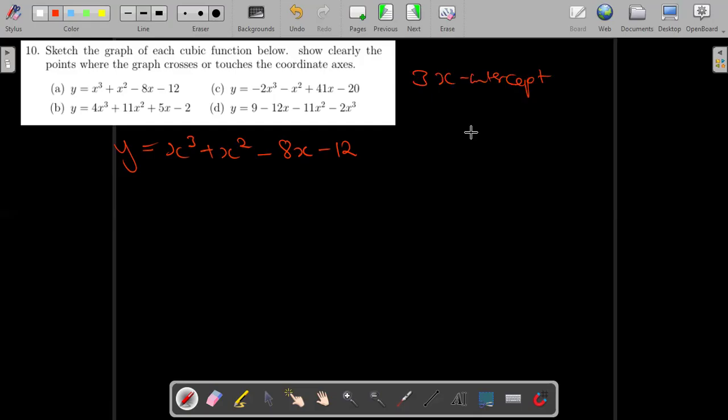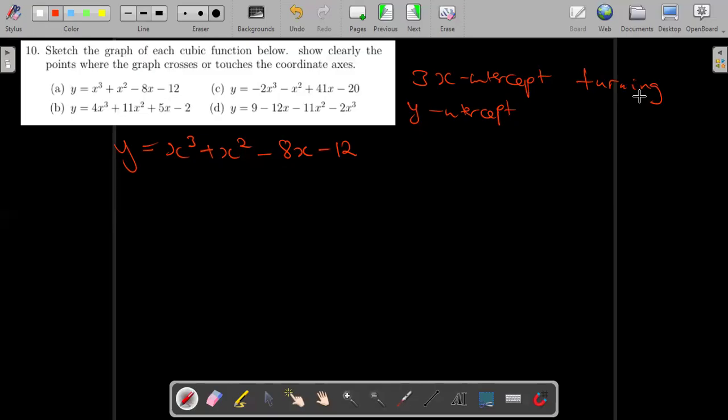Sometimes you can only have 2. So you have the x-intercepts and you have a y-intercept, which is the point where the graph cuts the y-axis. Then what else do we need? Remember, for the quadratic function, we had turning points, and we only had 1 turning point.